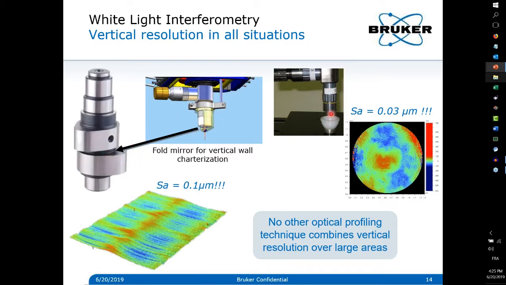For instance, we can use an objective with a pretty long working distance, which on any other technique would mean poor Z resolution, but still keep nanometer vertical resolution due to the presence of fringes. Here you see the objective being in focus at the bottom of the scope, measuring whitish peak materials, and still being able to measure a complete waviness around 30 nanometers.